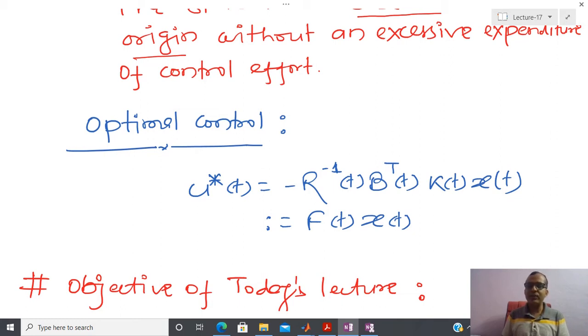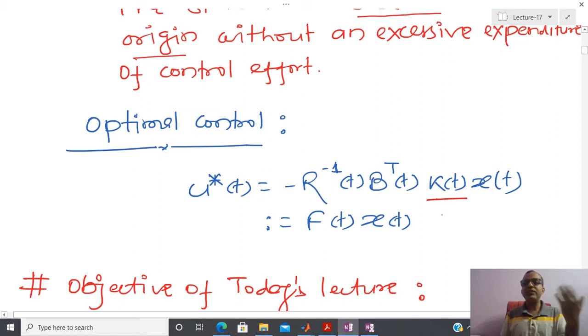This control action is time varying in nature, because F(t) is time varying. By solving the Riccati equation we get K(t), and we already know the value of R inverse from the definition of the performance measure, and B(t) transpose from the system. In this way I am able to design the optimal control.